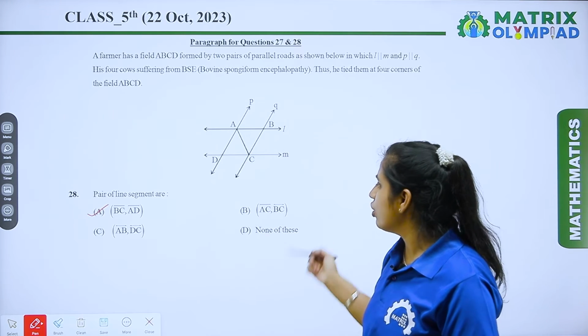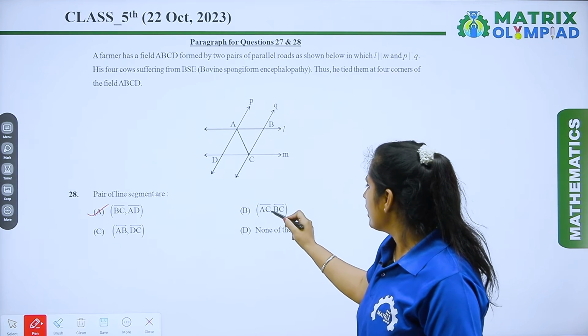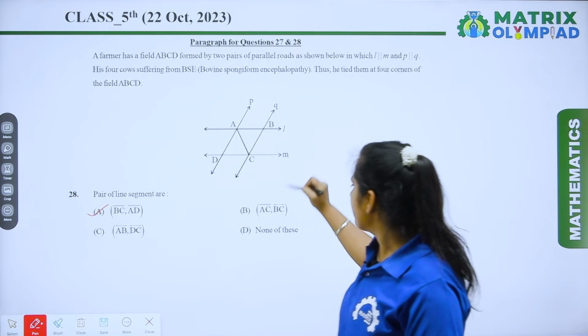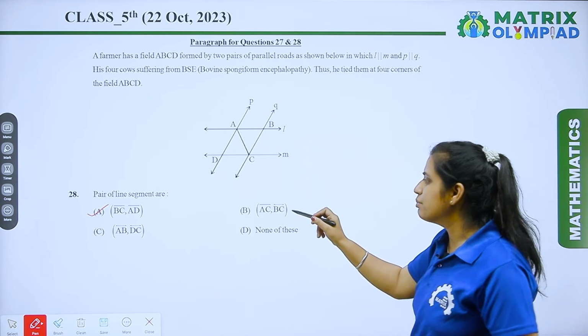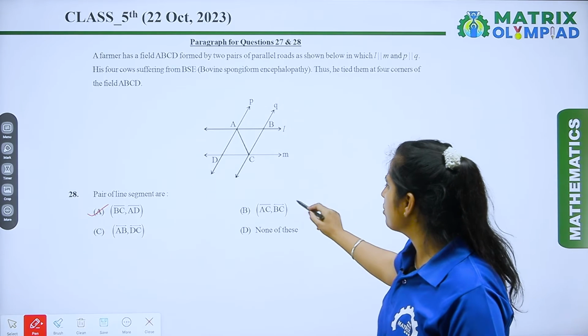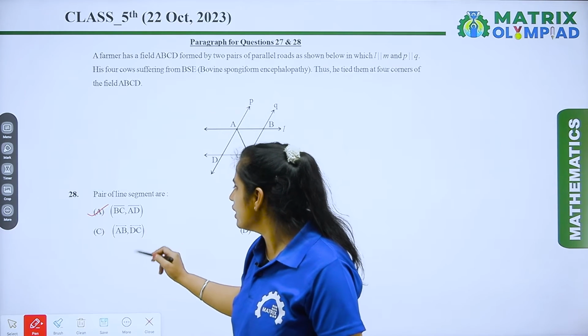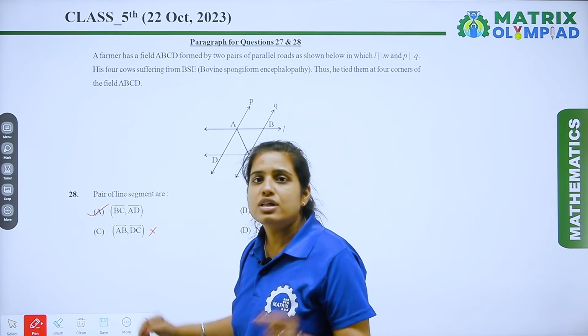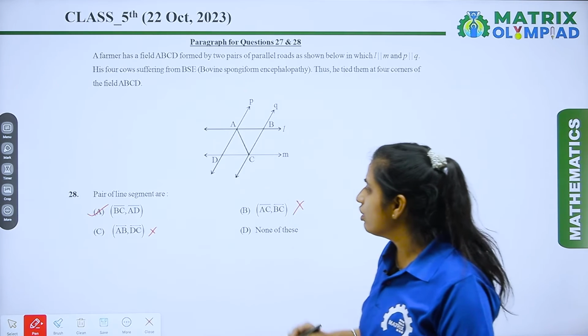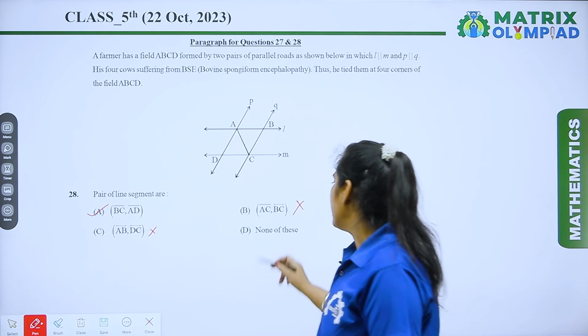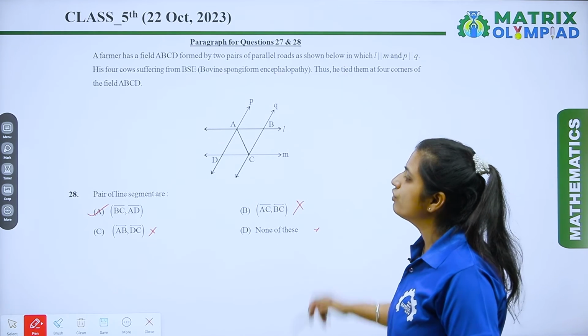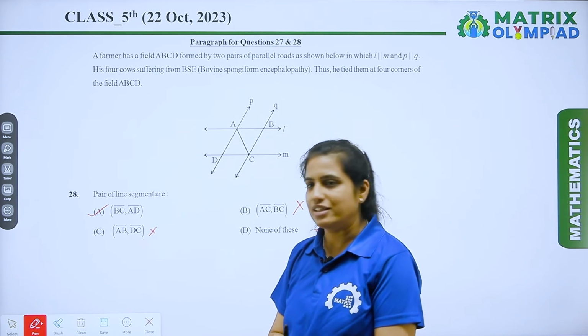Now let's check option B also. Here AC is a line segment, but on BC the symbol is of a line. So option B is incorrect. Option C is also incorrect because we have the symbol of a line on AB and DC. And the last one is none of these. So A is the correct answer.